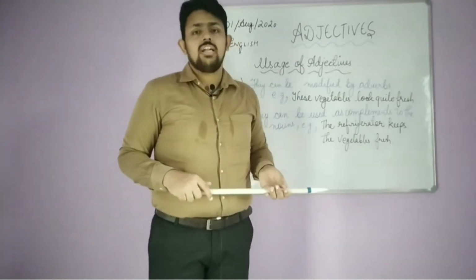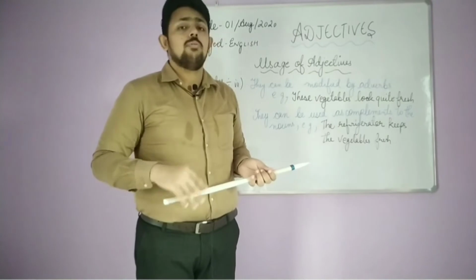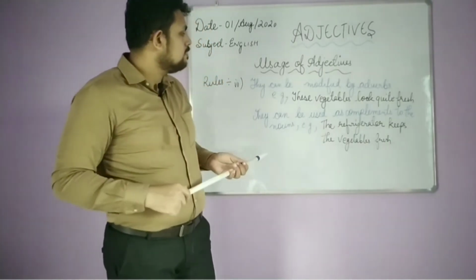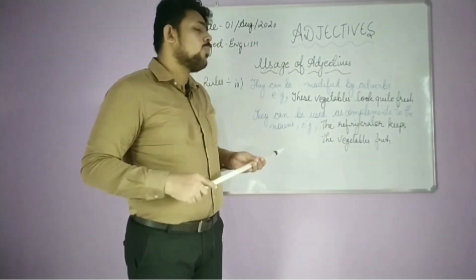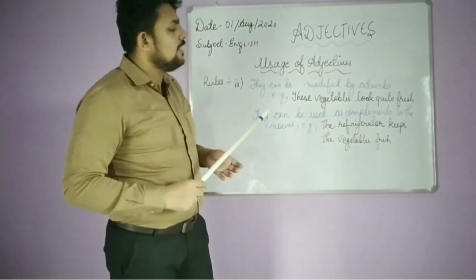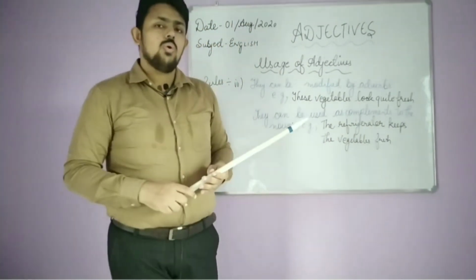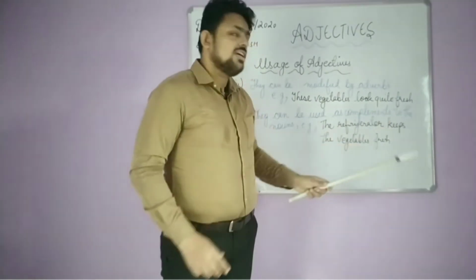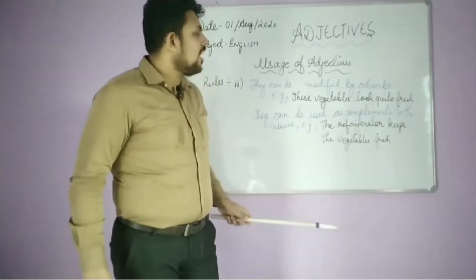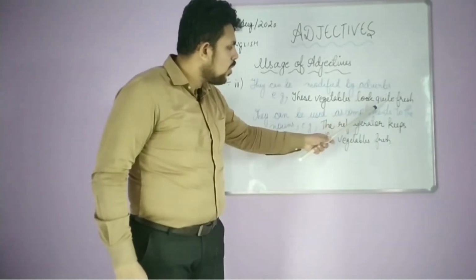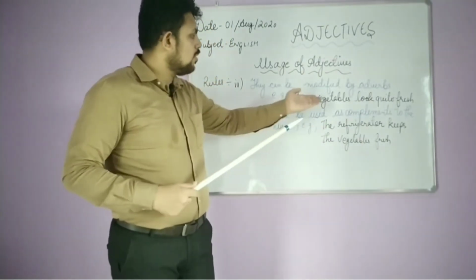So the work that an adjective does is to modify the noun or pronoun, but it itself can be modified by the use of an adverb. See the example. These vegetables look quite fresh. So earlier we have seen the adjective fresh and the noun vegetable. So the adjective fresh is modifying the noun vegetable, but now we have the adverb quite here, which is modifying the adjective which was modifying the noun.